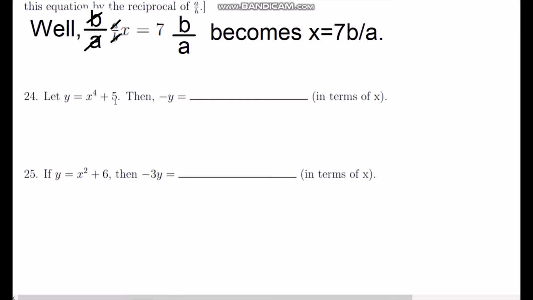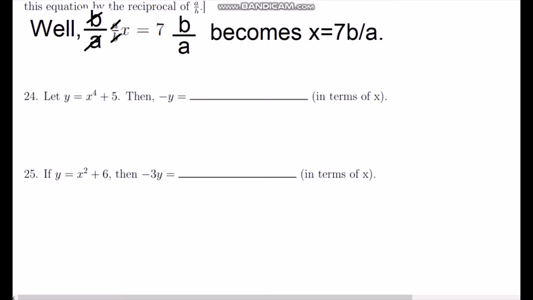Let y equal to this. Then minus y equals blank in terms of x. Well, this one is just a substitution problem. So we can take our y and substitute it into here to get what it would be in terms of x. So let's do that.